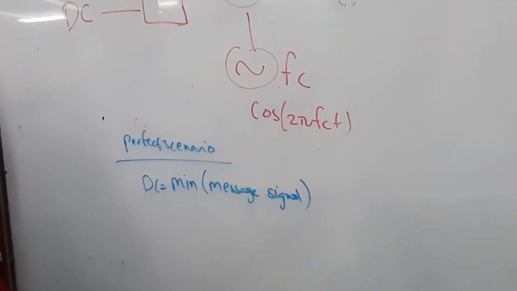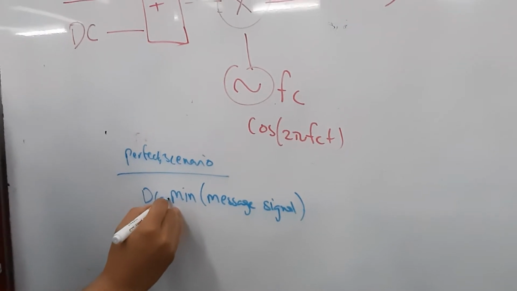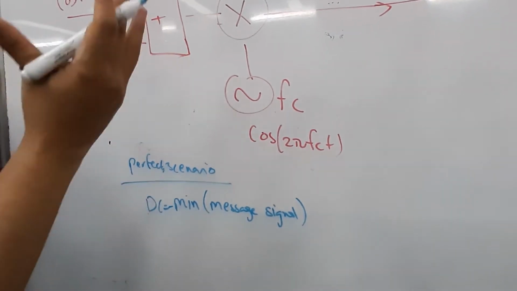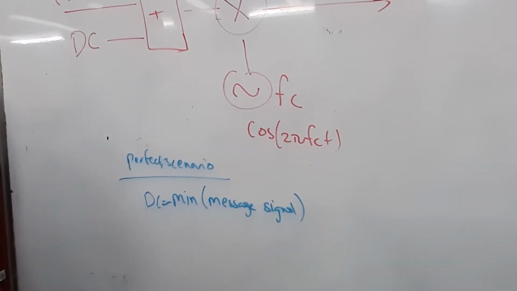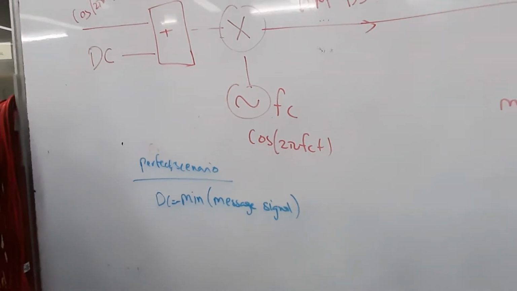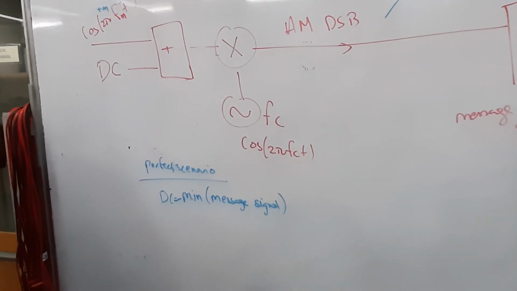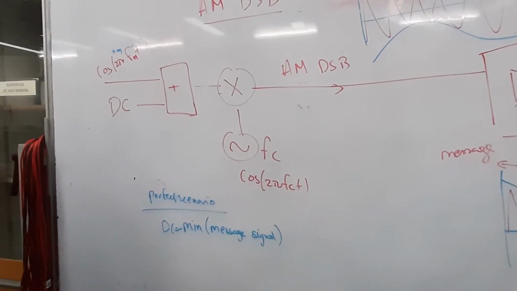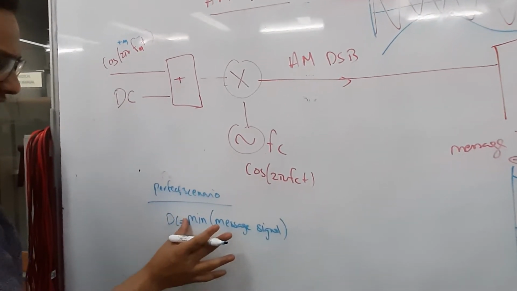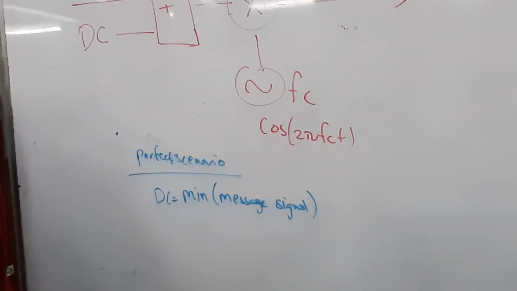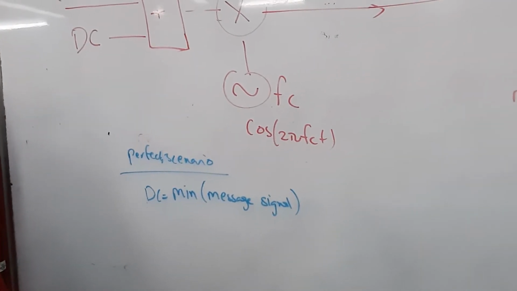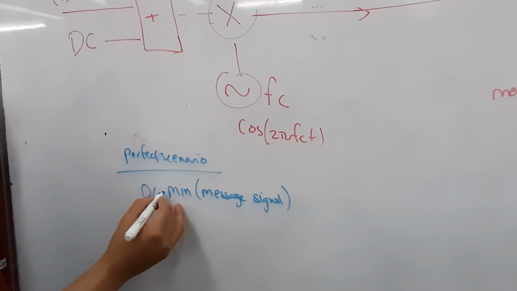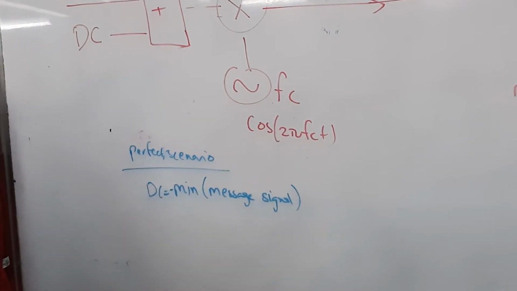The minimum of my message, just take the negative of it because I want to push it up. So the minimum value of your message signal, I will add it as a DC so that it will be pushed up. There's a minus, sorry, because you want to push it up.